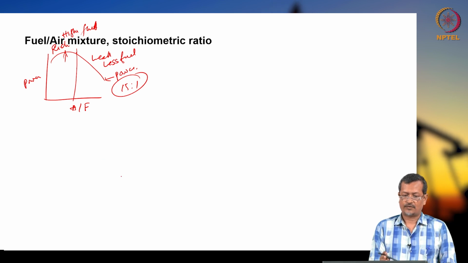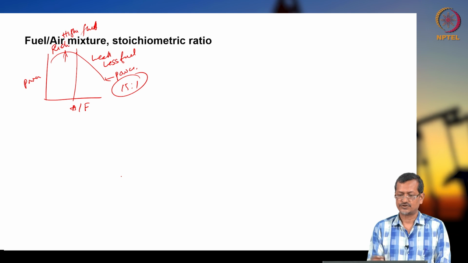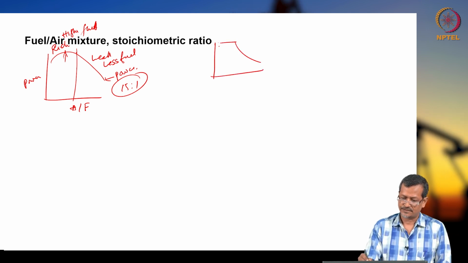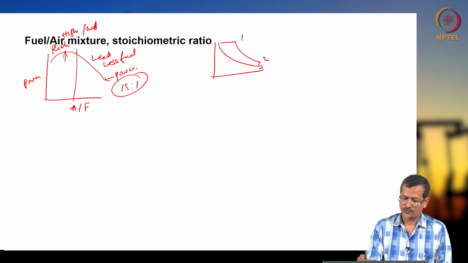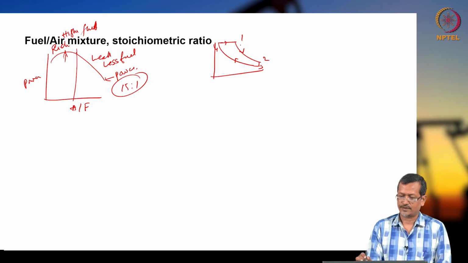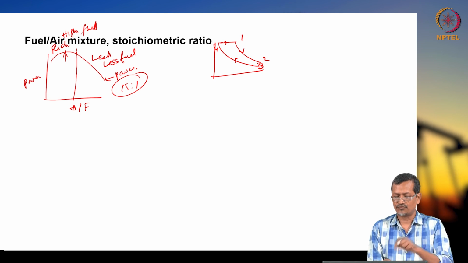Whenever you are talking about IC engines, we should know some definitions also. So definitions are like this. First I have to draw the figure, 1, 2, 3, 4. It doesn't matter which sequence I am writing; whatever numbering method you use, you should use it uniformly.